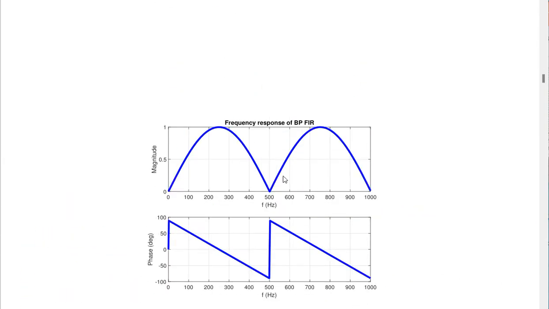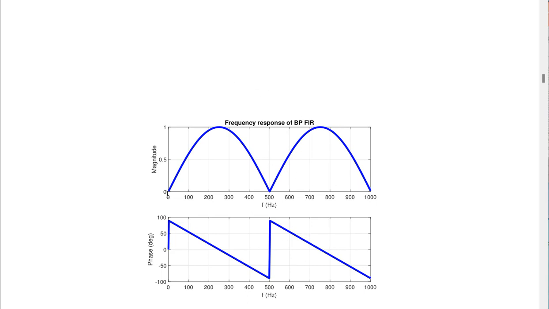Maybe some people will ask, here we see 4 cutoffs, but remember that we should always discuss from 0 up to half fs. This is the mirror. To have a complete and whole figure, we have added it to the figures.